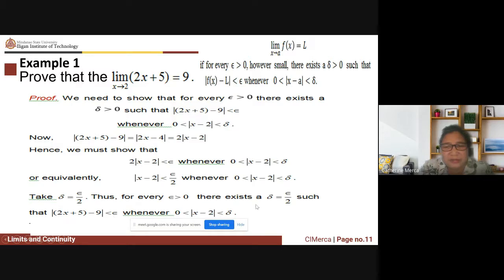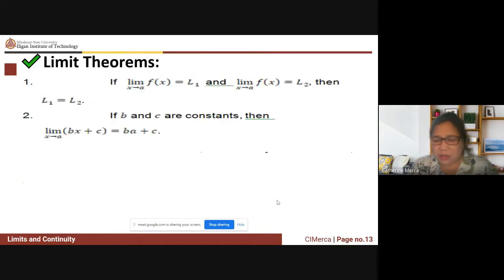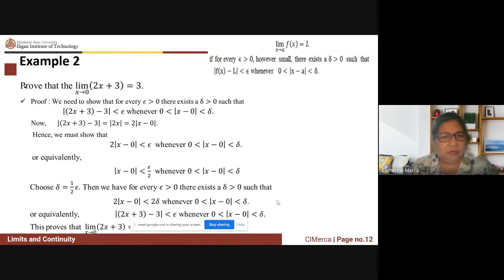So delta is dependent upon the given epsilon that you have. So you now have proven that indeed the limit of 2x plus 5 as x approaches 2 is equal to 9. Okay? Siguro medyo alien pa sa inyong proving, no? Pero as you go through the topic, then we will learn how to prove later on.